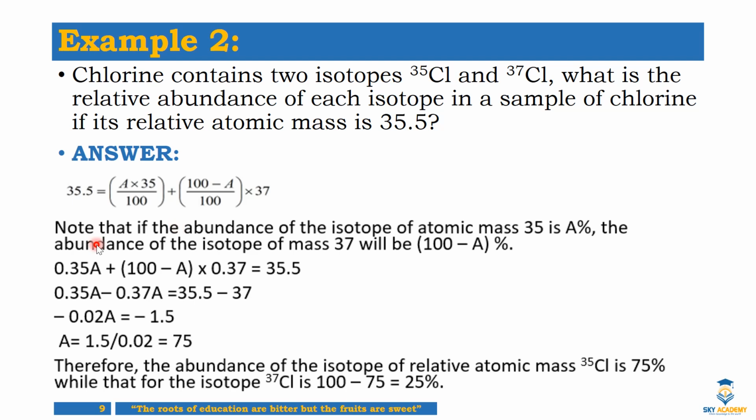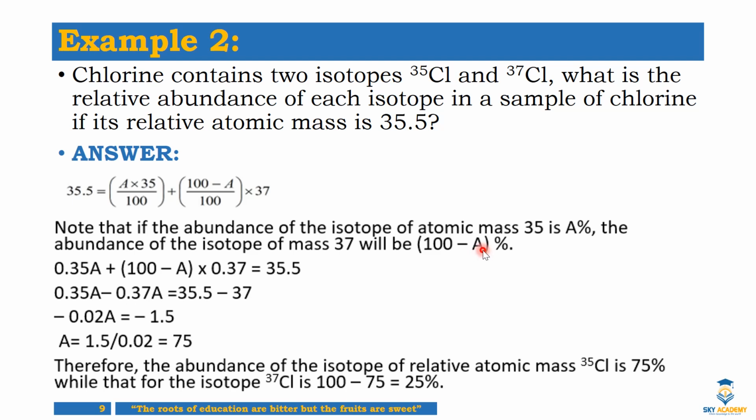Here, because you don't know clearly what the abundance is, we need to add some other figures. For example, if the abundance 1 is 8%, then the abundance 2 will be 100 minus the abundance 1.